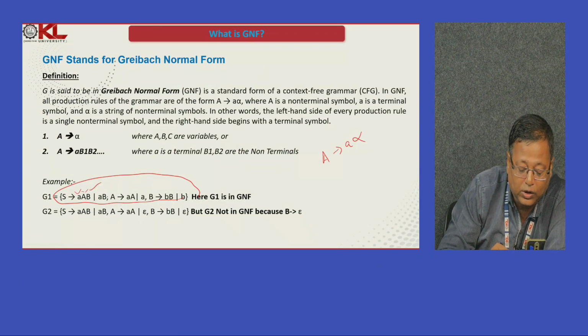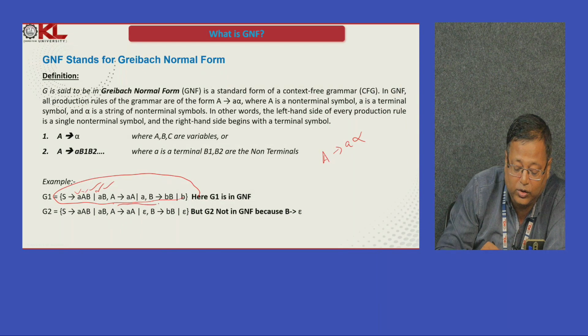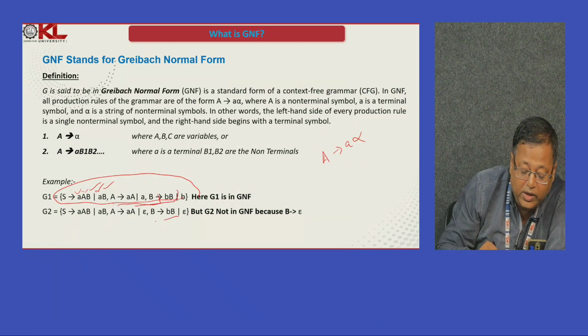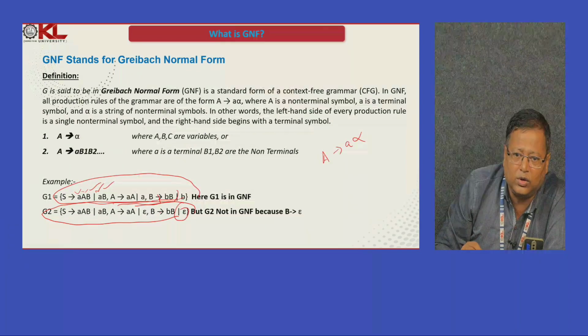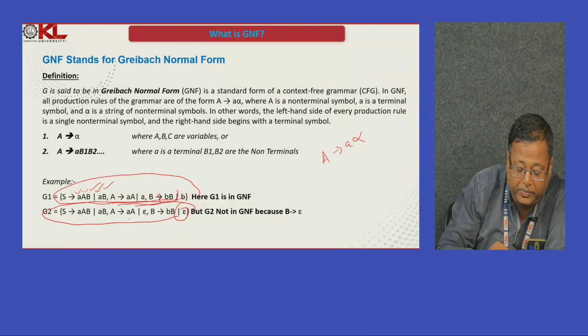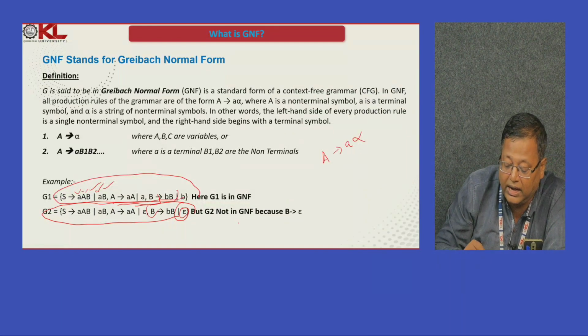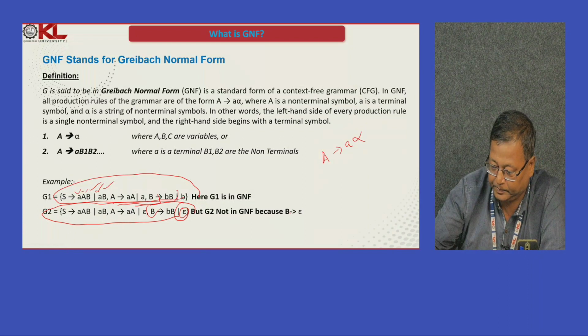Here also a non-terminal derives a terminal with a non-terminal. But if you check the second, G2, it is not in the form, because there is an epsilon production present. B derives epsilon, for that it is not in the form.